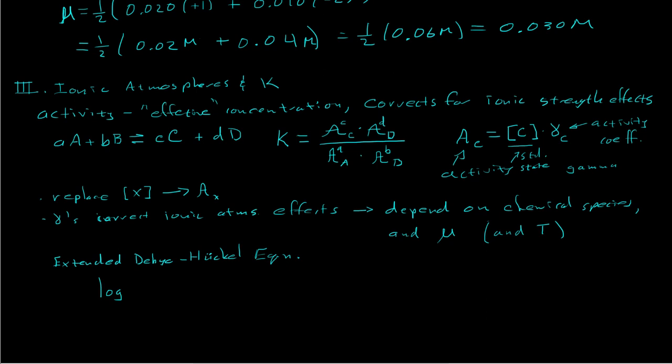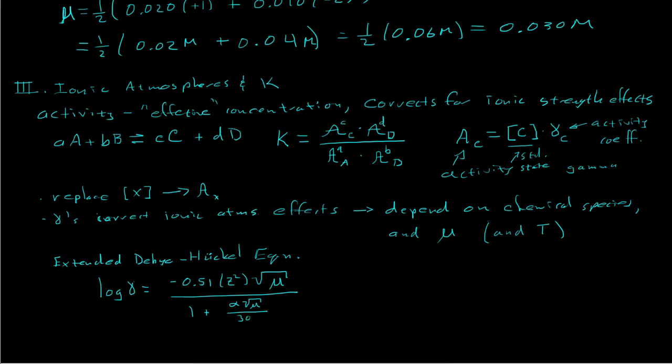It's written this way: the log of the activity coefficient is equal to negative 0.51 times z squared times the square root of mu, divided by 1 plus a fraction: alpha, the Greek letter, times the square root of mu divided by 305.